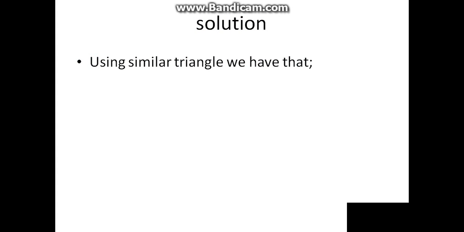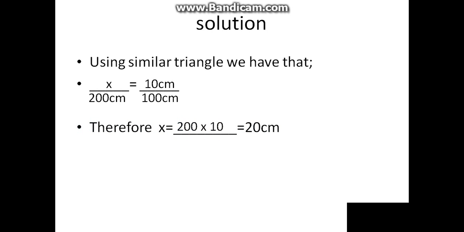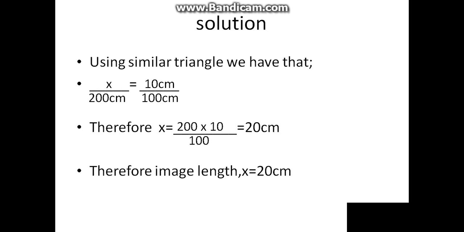Using similar triangles, we have that x over 200 cm is equal to 10 cm over 100 cm. Therefore, making x the subject of the formula, we have 200 times 10 over 100, which gives us 20 cm. Therefore, the image length is 20 cm.